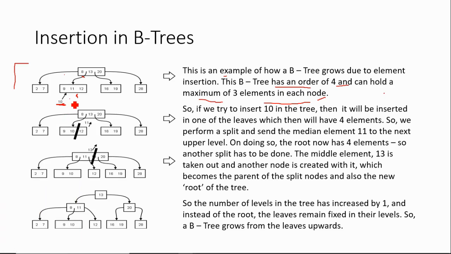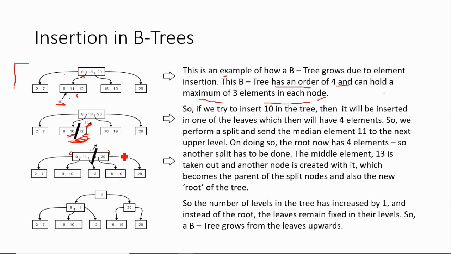So we have to perform a split. Here the first portion contains 9 and 10, and the second portion contains 11 and 12, and then we take out the element 11, and this 11 is added between 8 and 13 in the root node.